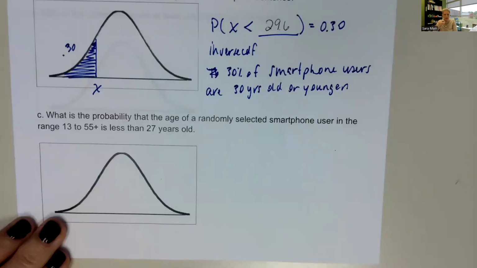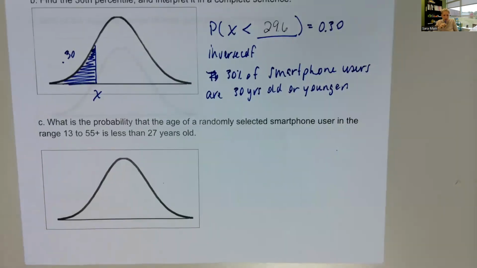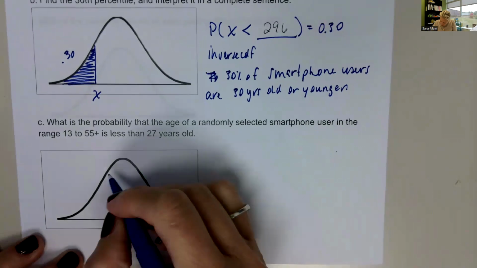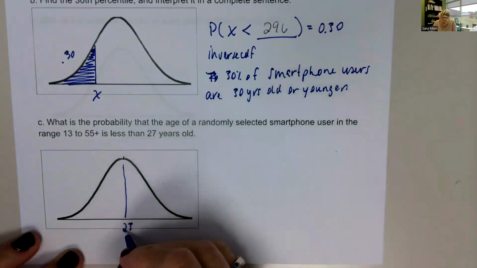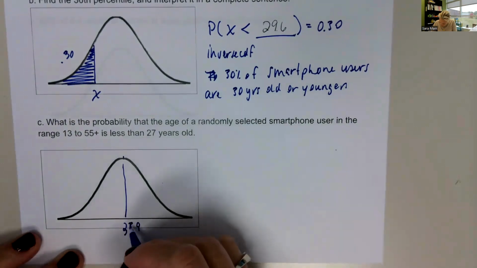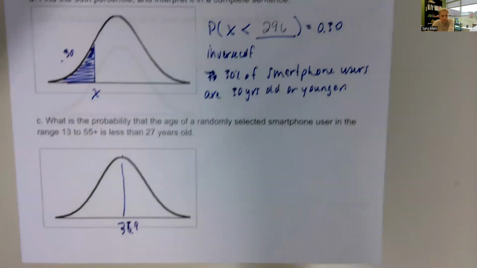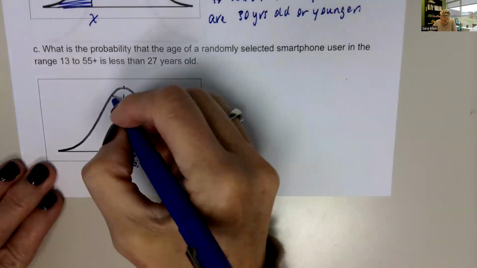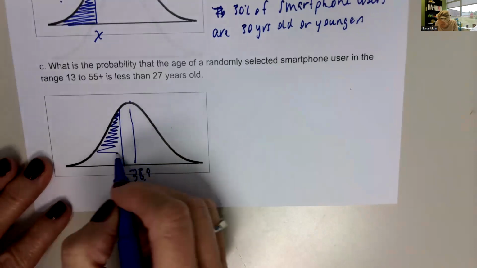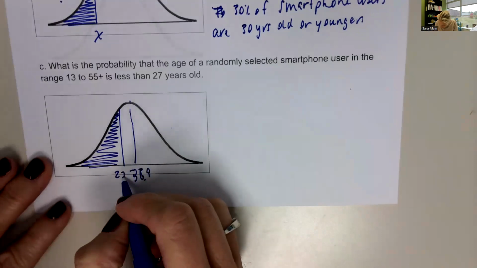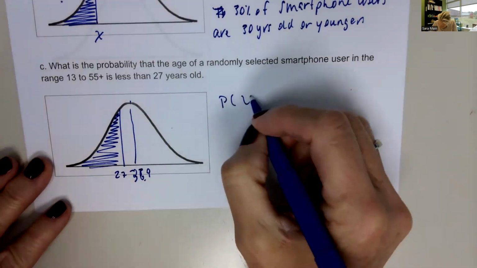What is the probability that the age of a randomly selected smartphone user is less than 27 years old? So 36.9 is the mean, and so less than 27 is going to be maybe here. So we're saying what is the probability that they're less than 27? So we're looking for probability.